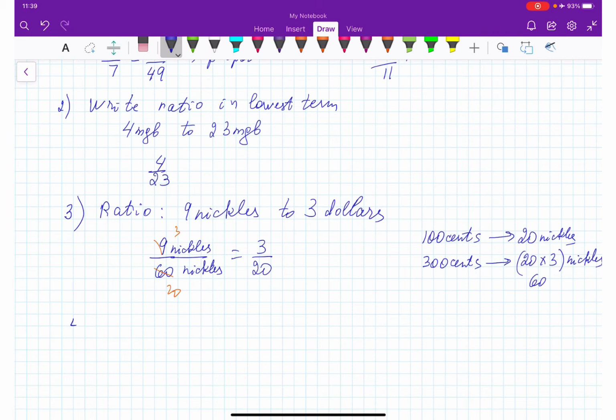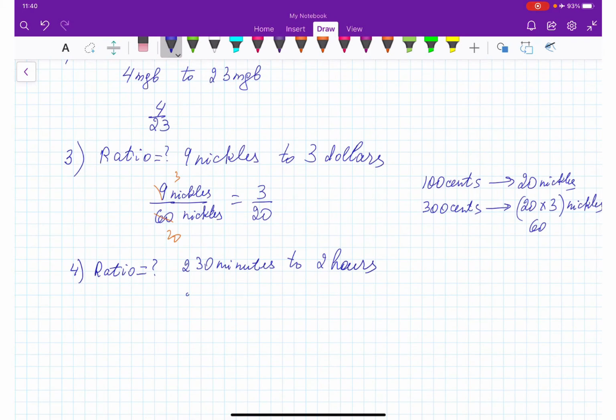Number 4, we have write the ratio in fractional notation in lowest terms. So we need to write the ratio again. Let me put this way. Question mark here also. Maybe it's better to put question mark. Okay, 230 minutes to 2 hours. All right, we have 230, those are minutes.